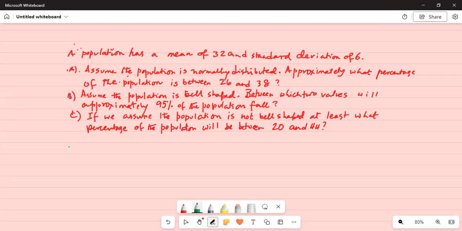So let's do part A. We'll assume it's a bell-shaped curve because it's normally distributed.